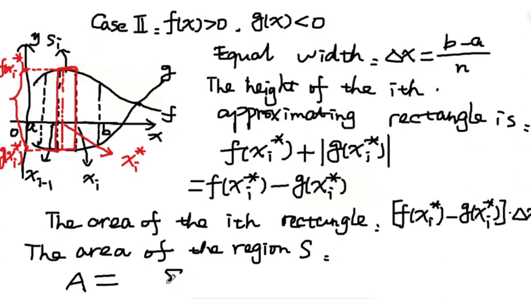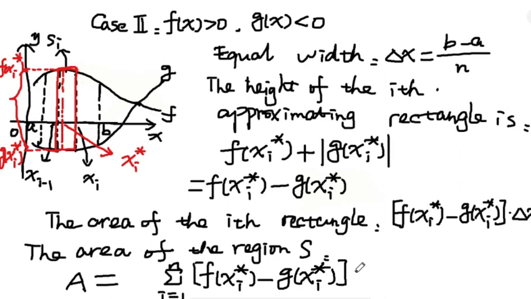We take the n approximating rectangles' area, with index i from 1 to n, using the summation notation, or we just call it the Riemann sum. Use the Riemann sum to represent the sum of n approximating rectangles' area, and then we let n go to infinity.